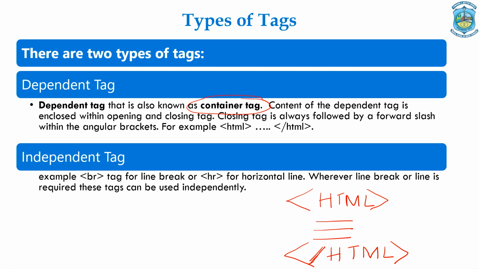The next type of tag is the independent tag. An independent tag has only an opening tag, it does not have a closing tag. Examples of independent tags are BR, which is used for breaking the line, and HR tag for a horizontal line.